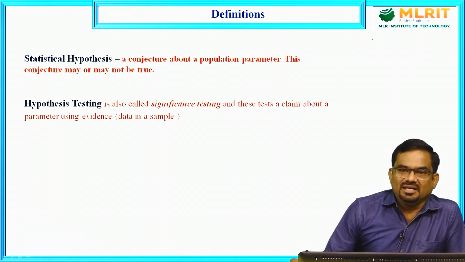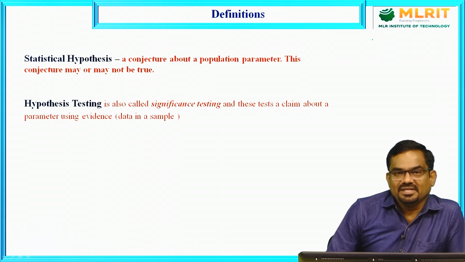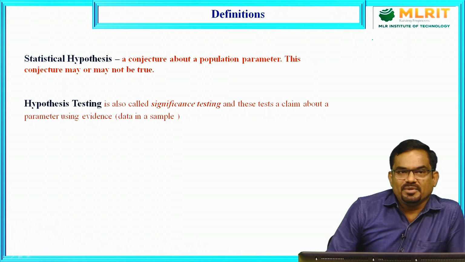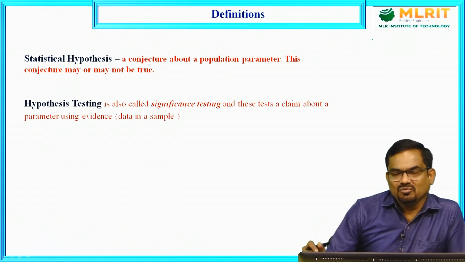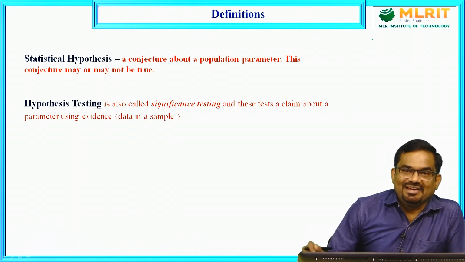And here our work is to test whether it can be accepted or else rejected. The hypothesis testing is also called significance testing, and it tests a claim about a parameter using evidence. Just now I told you, basing on the sample data, we test the population parameter. So the evidence is based on the sample data.